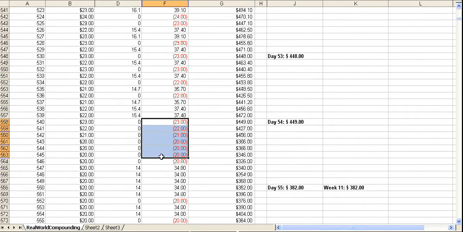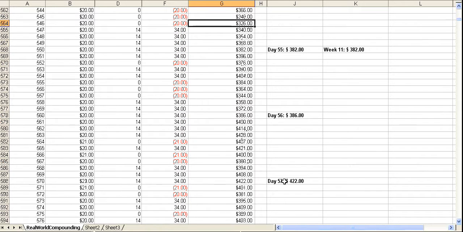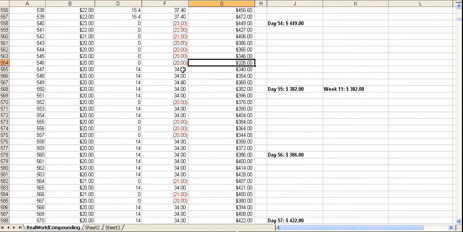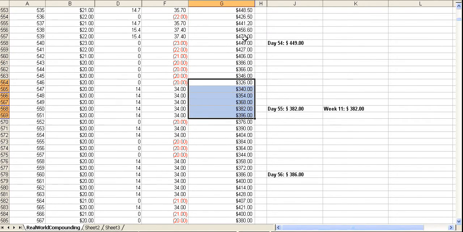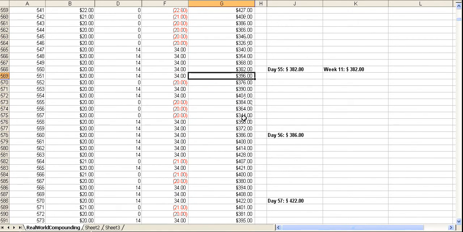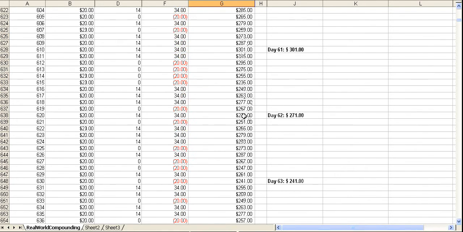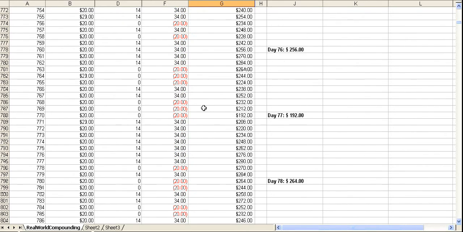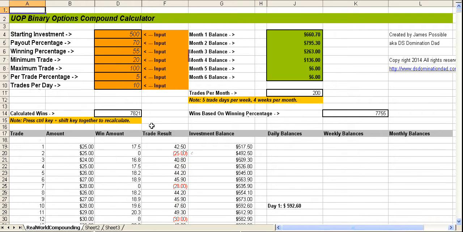Then we have boom, boom, boom, boom, this string of losses. So from 472 down to 326. Got some losses, you got some wins. You have almost as many wins here, but that only takes you from 326 back up to 396. And you started at 472. So at that particular point, you're still down almost $80. There's just not enough wins in this scenario to get you there.